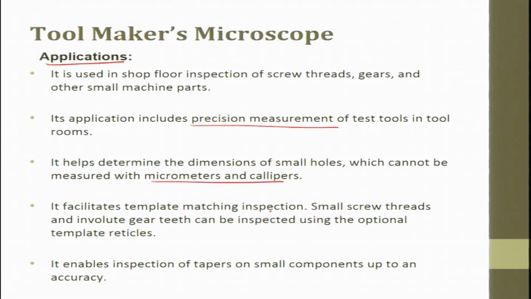So, it is something like a comparator. It enables inspection of taper of small components also. So, basically what it says, shape, size, orientation and XYZ coordinates can all be measured using this tool maker's microscope. Thank you.